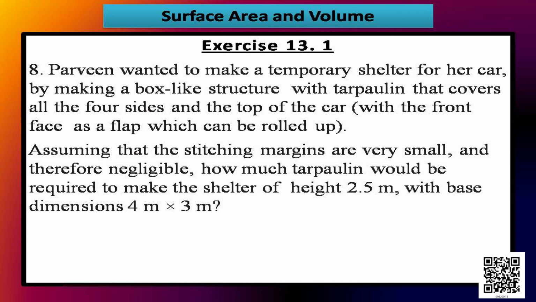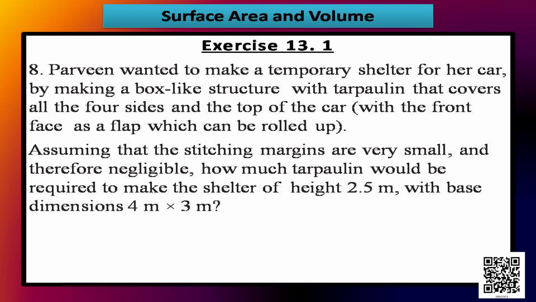Assuming that the stitching margins are very small and therefore negligible, how much tarpaulin would be required to make the shelter of height 2.5 meter with base dimensions 4 meter into 3 meter. Okay. Hope you understand the question. If you don't, then please read it out again.